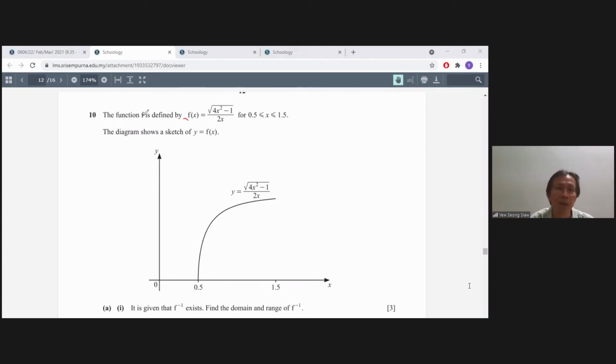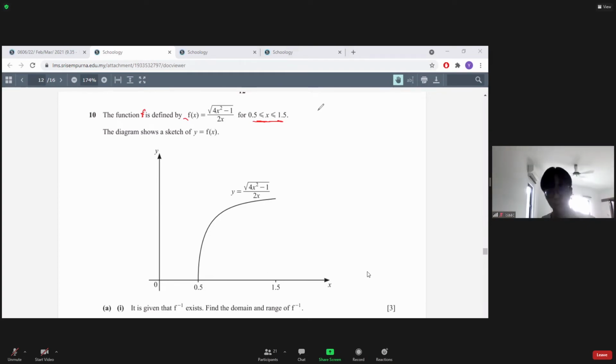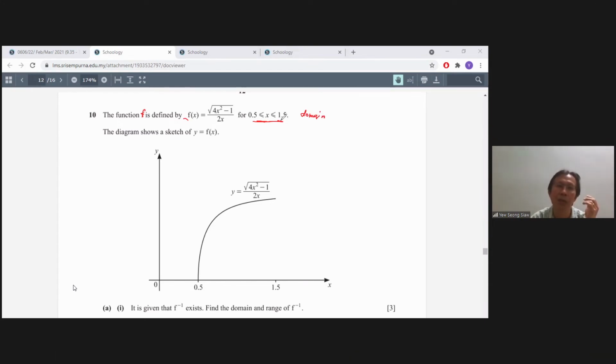Answer me. Read here. The function is, this is what? Domain. Yes, this is domain. When you inverse it, it becomes range. So you write the answer first. Can you write the domain and the range?